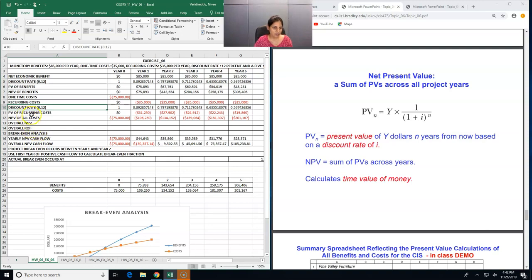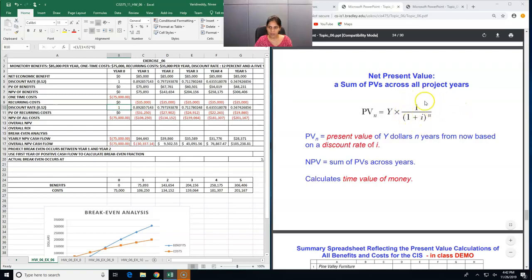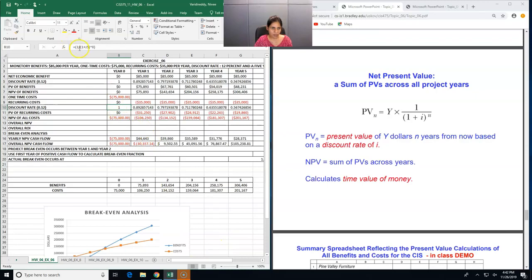So we just calculate the discount rate as we have done earlier. We just calculate this part, 1 by (1 plus I) whole power n. As we can see, for year 0 it's 0, for year 1 it's 1, 2, 3, 4 and 5.